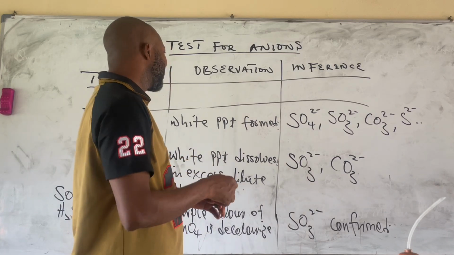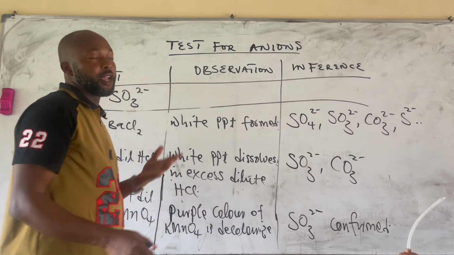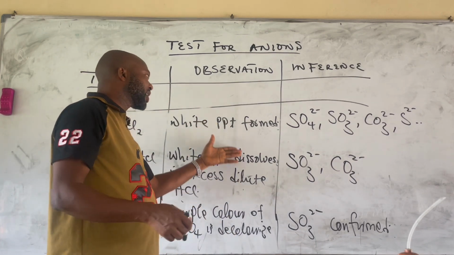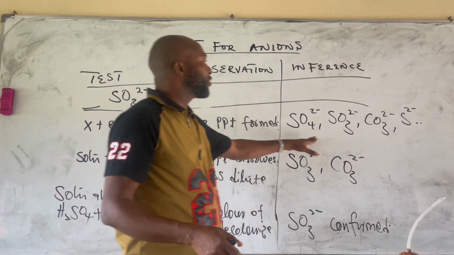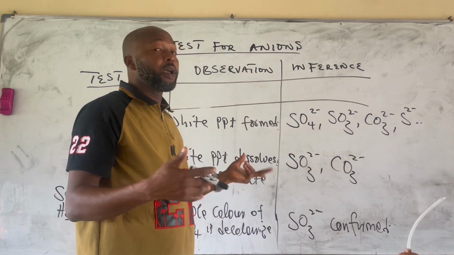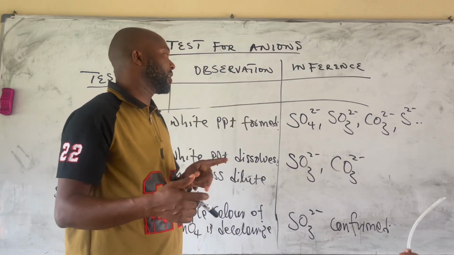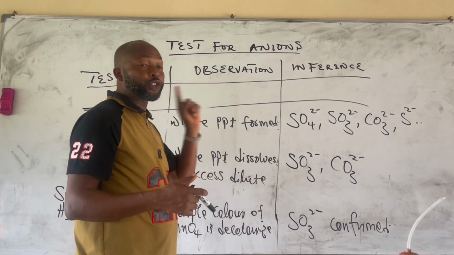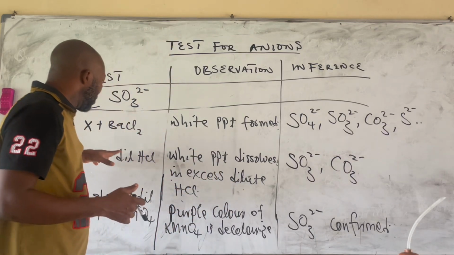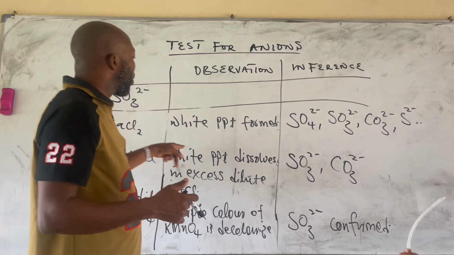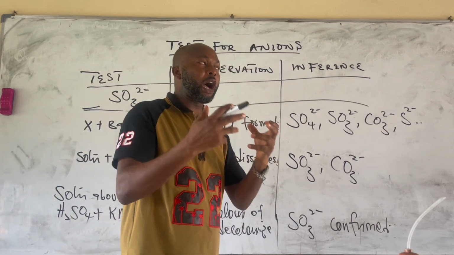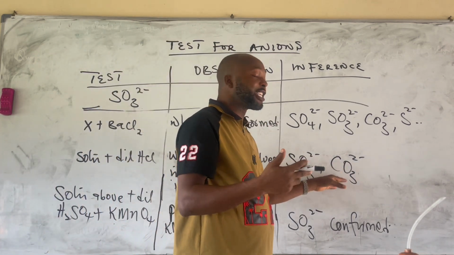Now, we must know the difference in what we are dealing with. The first one, we are testing for sulfate. When we added barium chloride, we have the white precipitate form. We have these various inferences that give us white precipitate. So we did not know which one was there until we added dilute hydrochloric acid. In dilute hydrochloric acid, that of SO4 was insoluble. But now, in that of SO3, the white precipitate dissolves in excess dilute hydrochloric acid and it streamlines our inference to SO3 and CO3.